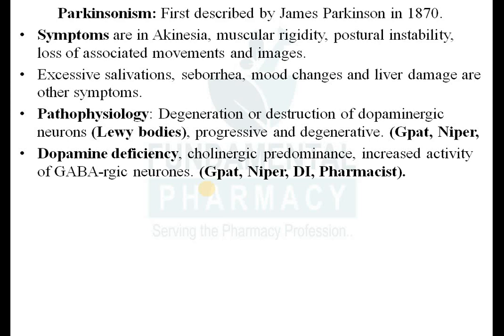If dopamine is deficient, then the cholinergic system will activate, so acetylcholine will predominate. That's why there is secretion of a lot of saliva from the mouth of the patient. Then seborrhea, gastric trouble, constipation and all that. Excessive salivation, seborrhea, mood changes, liver damage and other symptoms are because of the cholinergic predominance, right? So remember this.